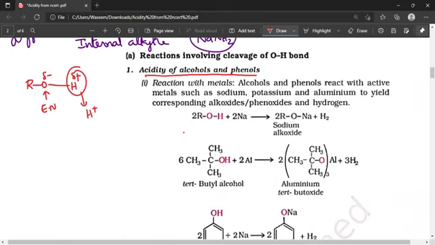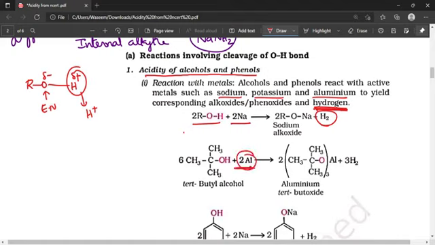How can you prove that alcohols and phenols are acidic in nature? This can be done by reacting them with sodium, potassium, or aluminum. They release hydrogen gas. Look at the reaction here. Alcohol is reacting with sodium to release hydrogen gas. This also proves that alcohols are acidic in nature. Not only with sodium, we can do it with aluminum also.